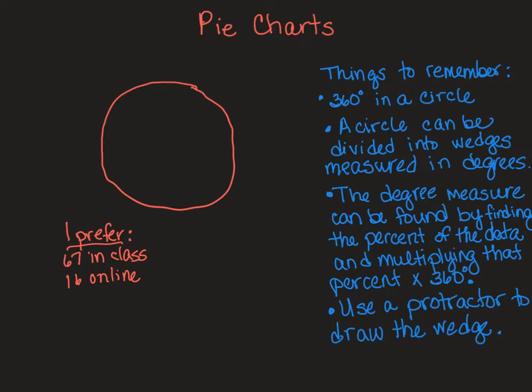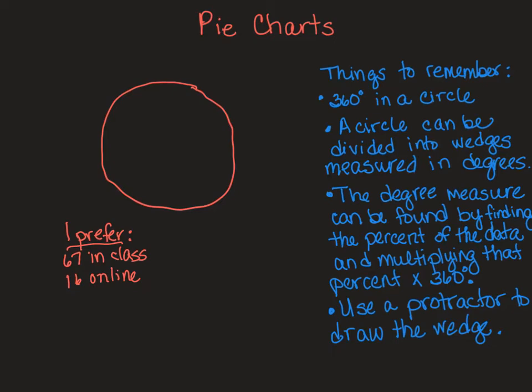And so I'm going to use this data to show how I would make a pie chart if I was working on this. We're going to make sure that we're rounding, so this is as easy as possible.